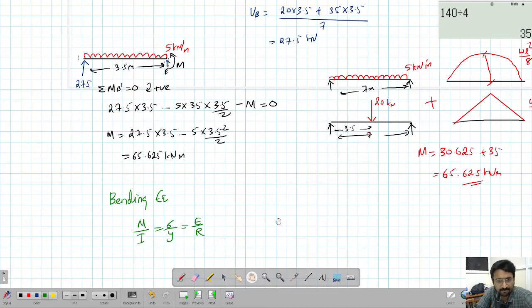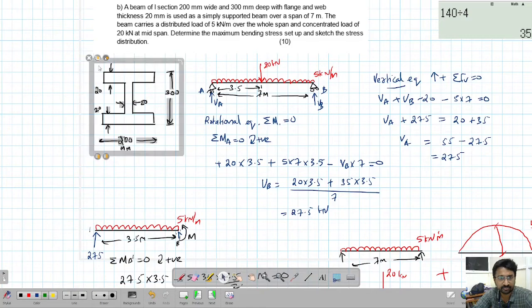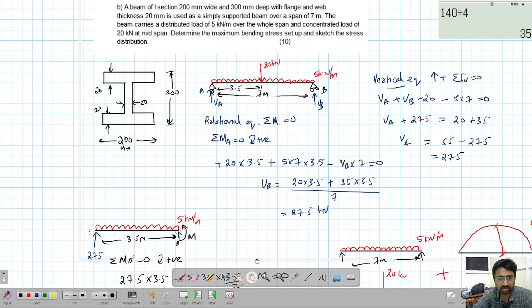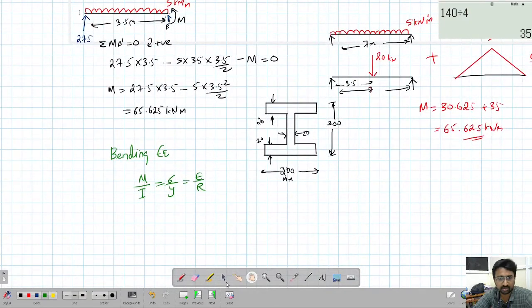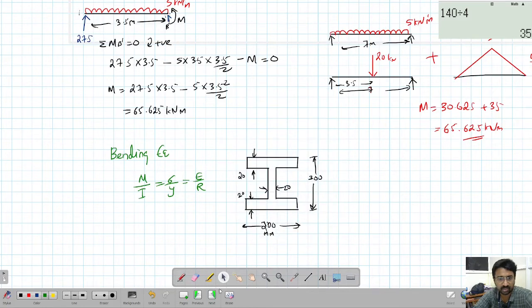And now what is the y? Y is the distance from the neutral axis to the point where you want to find the stress. Let's take this section. So this is a symmetrical section, so the neutral axis will be at the center.